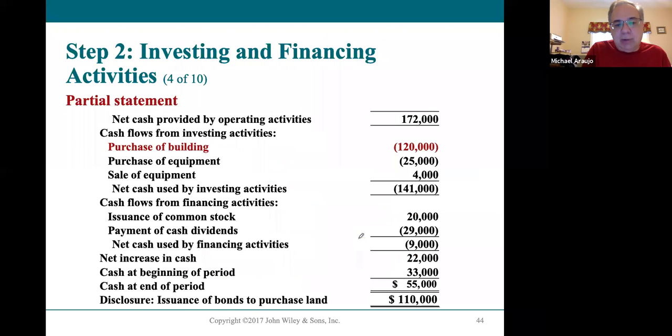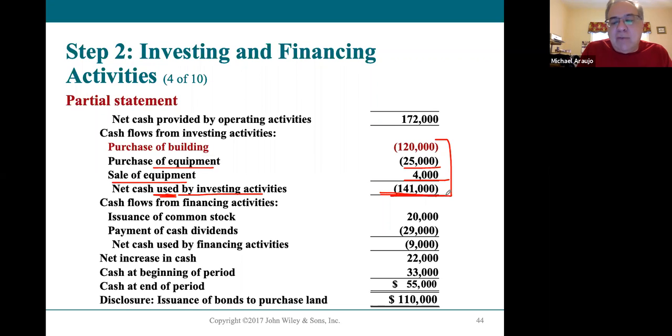I'll go back here. So here's the $25,000 purchase of equipment, cash going out. The sale of the equipment, $4,000 cash coming in. So all of these are investing activities. And as you see, more cash went out for investing activities than came in. And so this was net cash used by the investing activities.